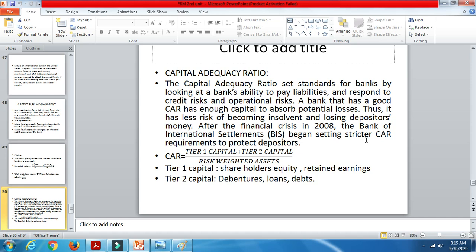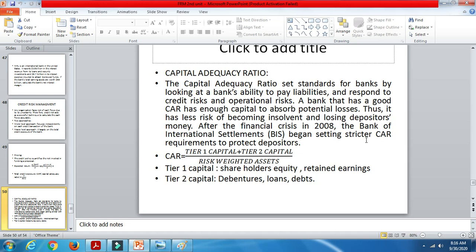Basically, CAR is a legal requirement that financial institutions such as banks and fund managers should maintain a certain level of available capital to meet their liabilities. If I want to give the definition, CAR is a measure of a bank's capital, expressed as a percentage of the bank's risk-weighted credit exposures.